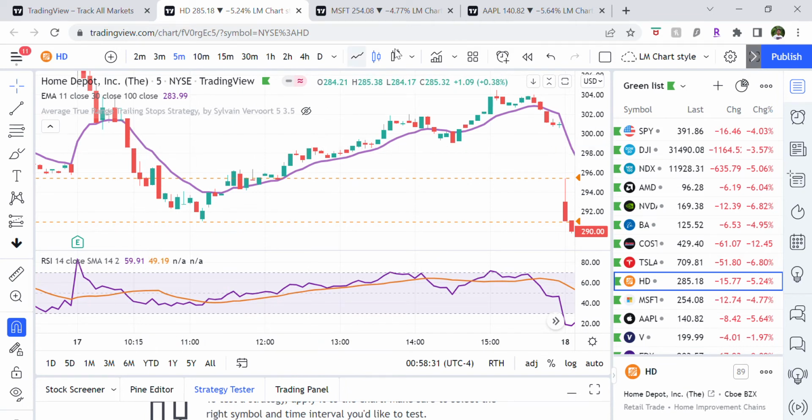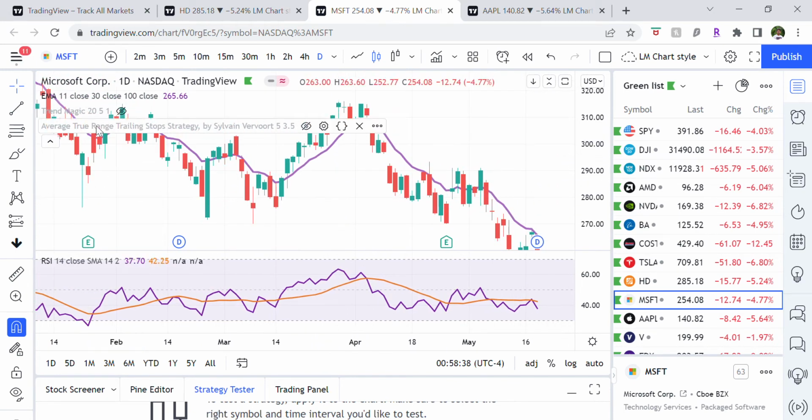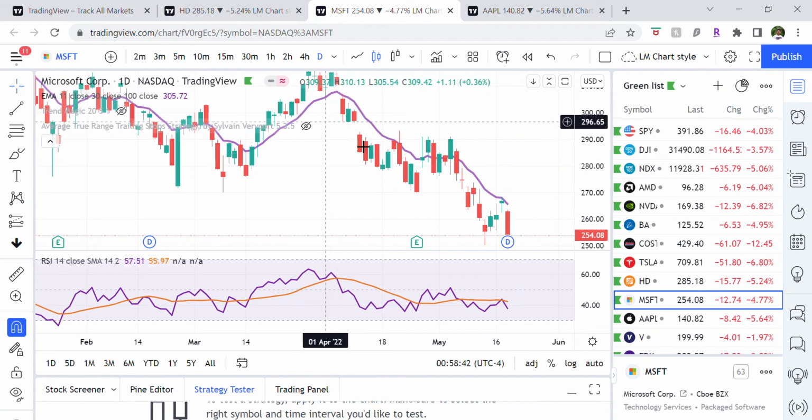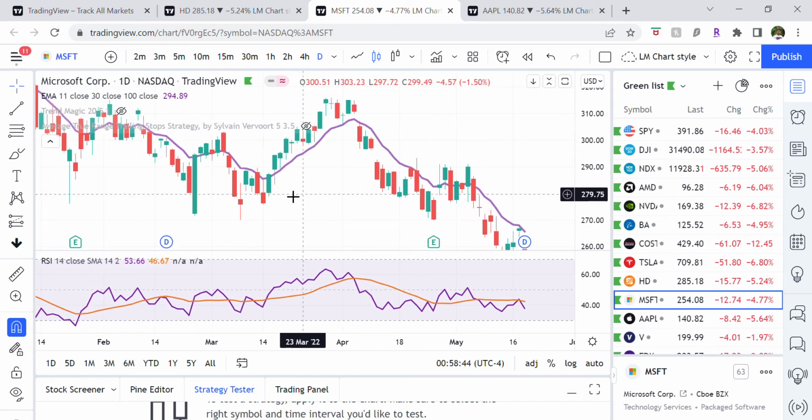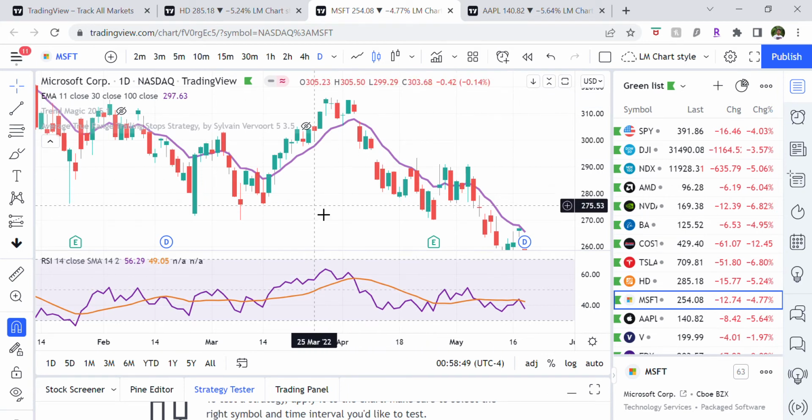Now I'll do a quick review of other stocks like MSFT. If I see the 10 EMA line, it's clearly falling. If you see the levels, in this region my level was 314 till 275, but currently my levels have changed.